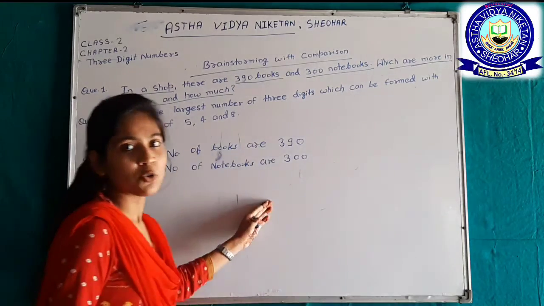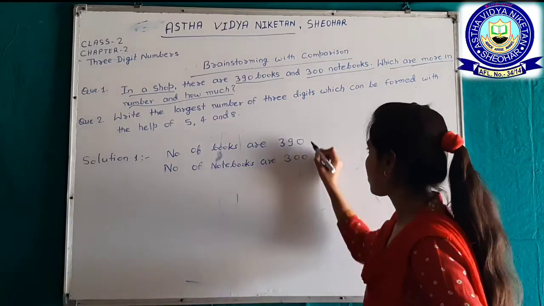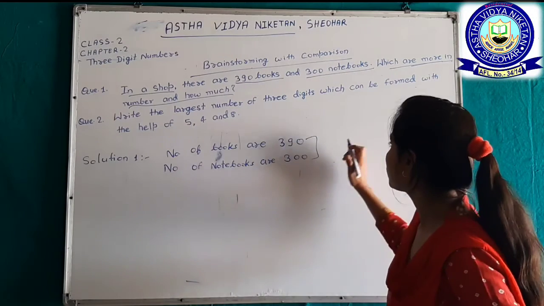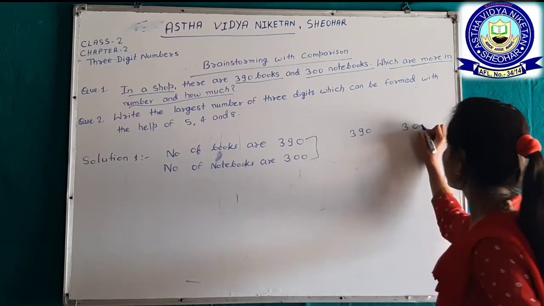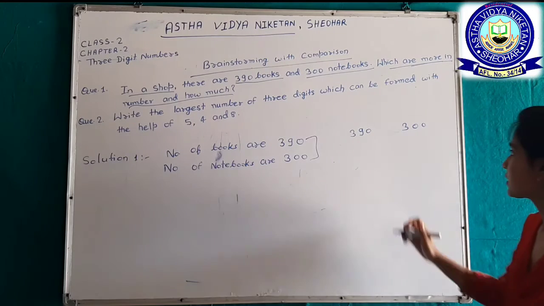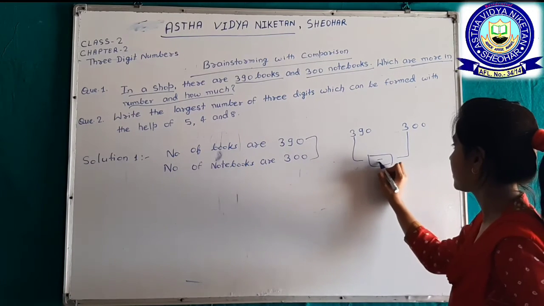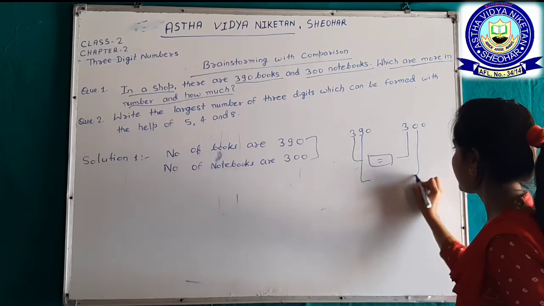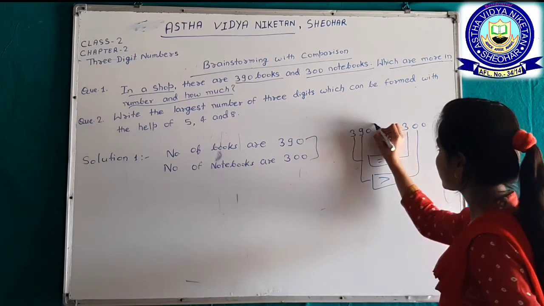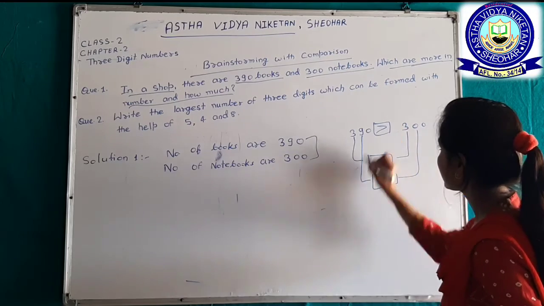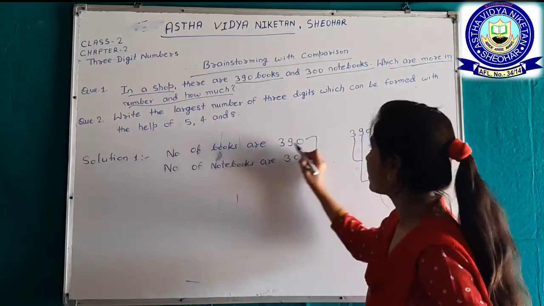You have to find out which are more in numbers and how much. So first of all you have to compare these two numbers, 390 and 300. Which one is greater? Here is 3 and here is 3, both are equal, and here is 9 and here is 0. 9 is greater than 0, so 390 is greater than 300. So the number of books is more.